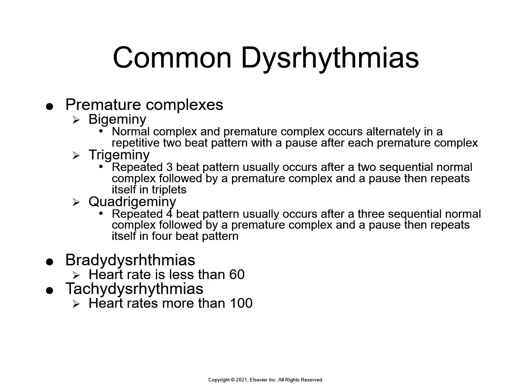That's what dysrhythmia is. Premature complexes occur when a cardiac cell or a cell group other than the sinoatrial node becomes irritable, and it fires an impulse before the next sinus impulse is produced. So these are common things that you may see.